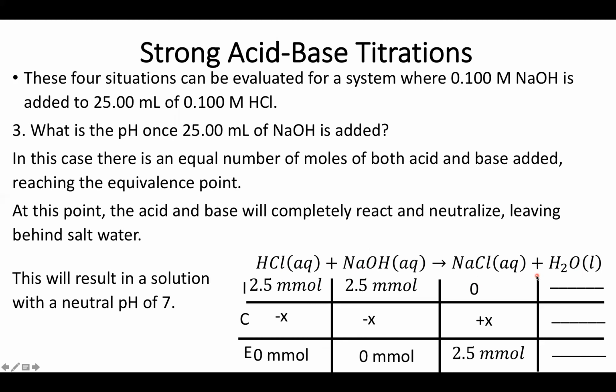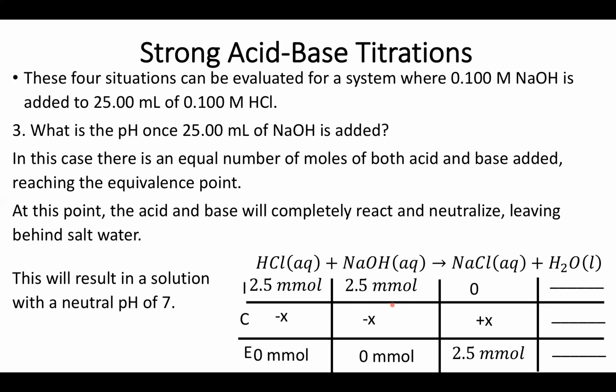So it turns out this solution has a neutral pH of about 7 because we have no excess acid or base present. So this is a very cool feature of a neutralization reaction, or the equivalence point of a strong acid-base titration. You'll always end up generating a neutral solution, which means we automatically know the pH.